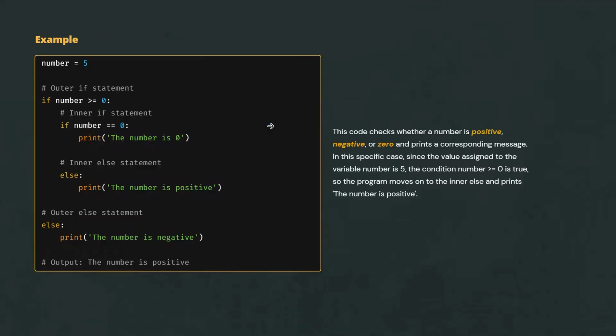Nested if is nothing but the if statement one inside the another. That's the only difference. If you understood what is if else and what is if elif and else, like if you have completed those two videos, then you will understand the importance of nested if as well. It's just a simple one, but very powerful once you get the hang of it.